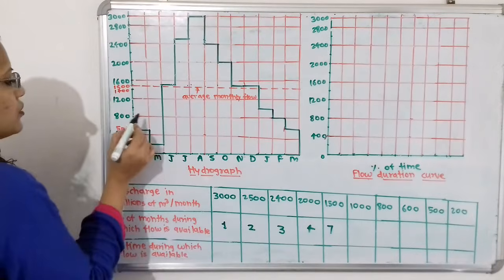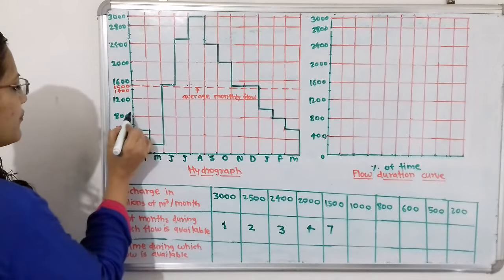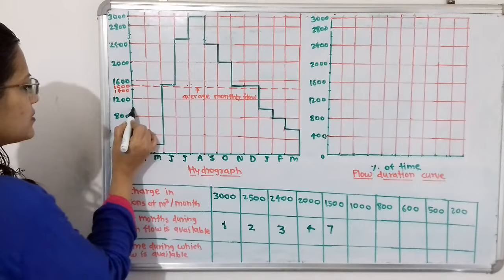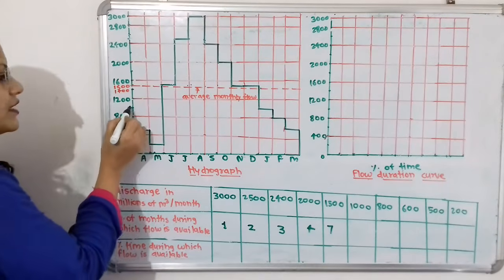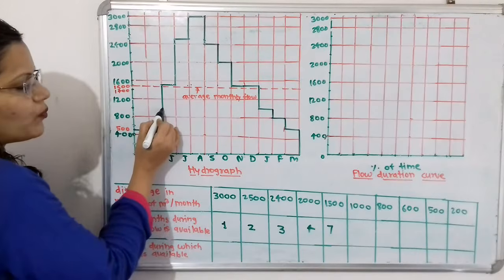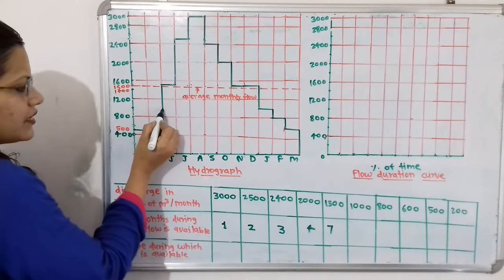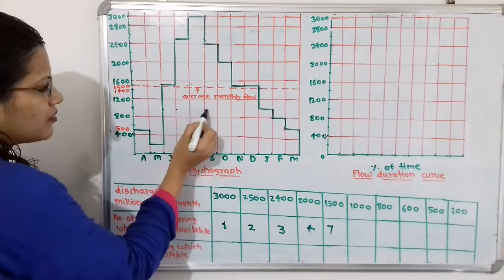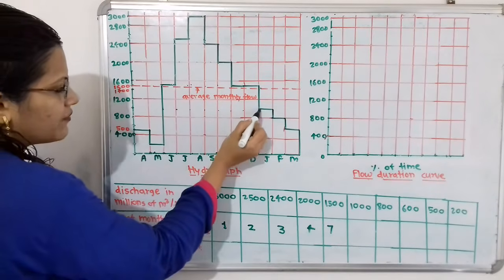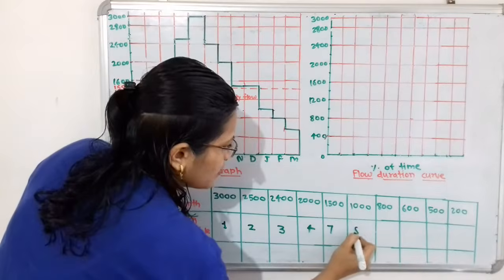Then 1000. For the 1000, if we observe here, in between this 800 and 1200 is 1000. So the number of blocks available, we can say this is the first block, second, third, fourth, fifth, sixth, seventh and 8th. So here 8.